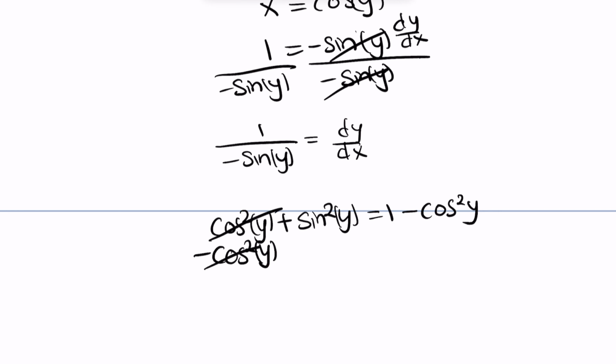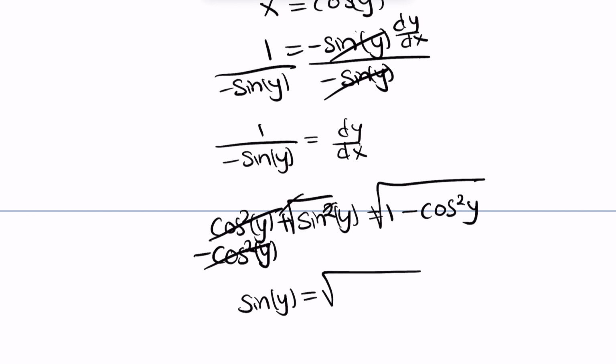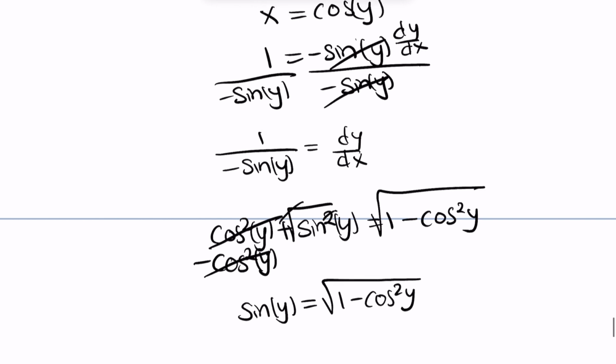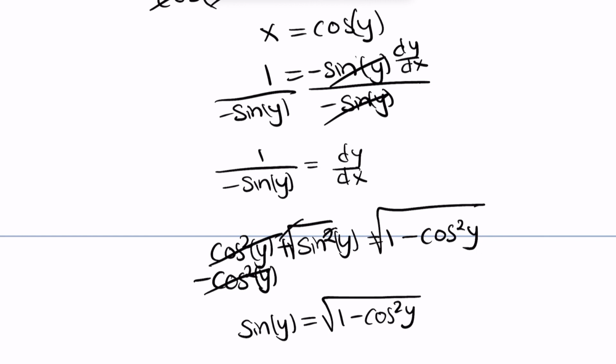This goes away. And then we're going to square root both sides. So we have sine y is equal to the square root of 1 minus cosine squared y. As you can see, x is equal to cosine y.